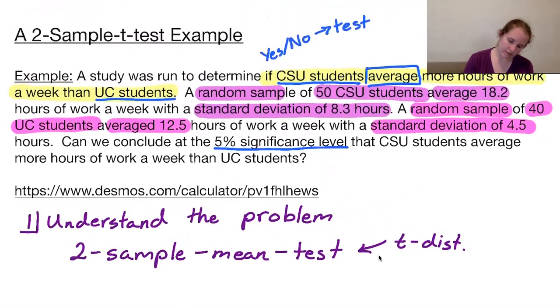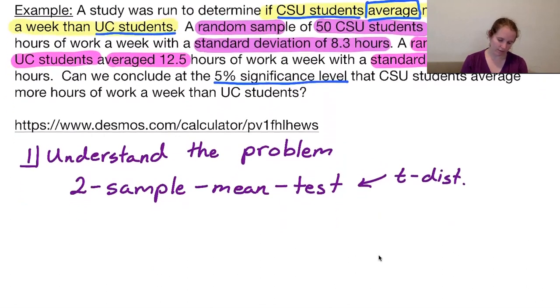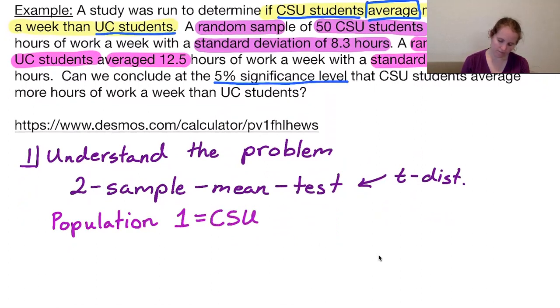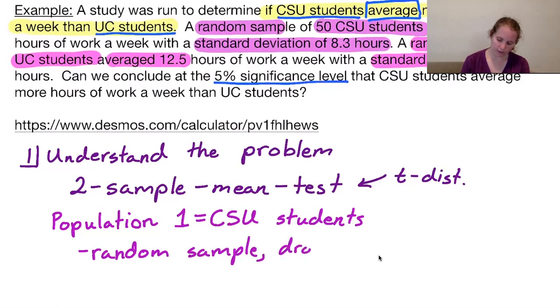So we have two populations. We'll make population 1 be our CSU students. For population 1, we took a random sample, which is drawn from the entire population.